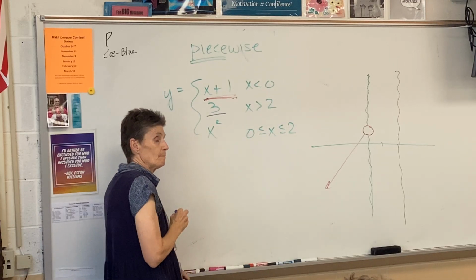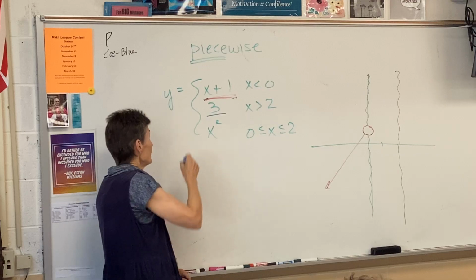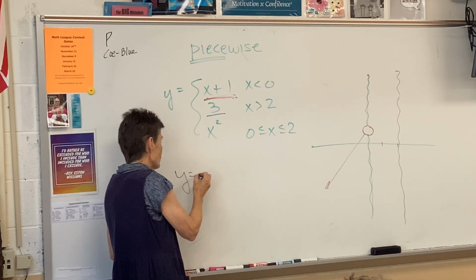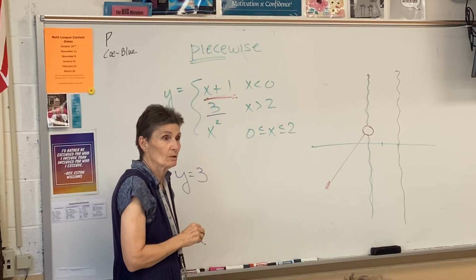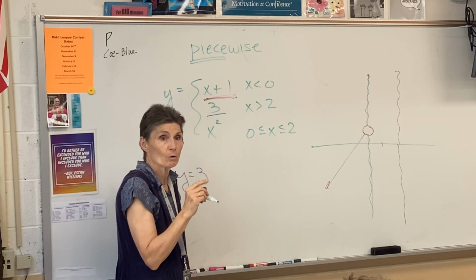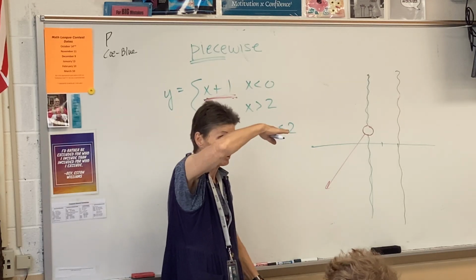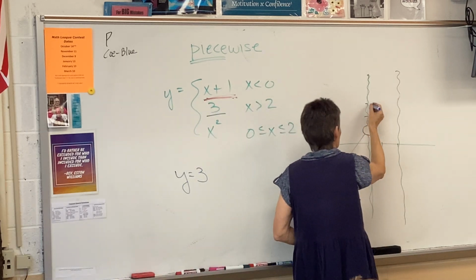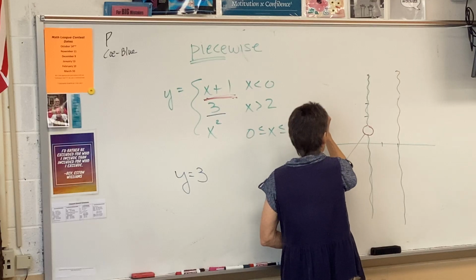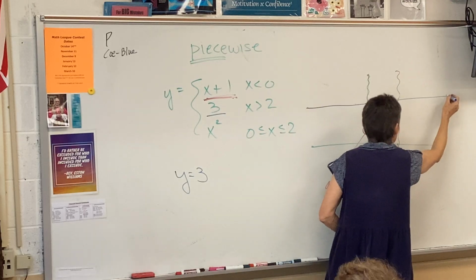This one's tricky. Literally, it is y equals 3. Can anybody tell me what y equals 3 looks like? That isn't on your note card. That's exactly right. I saw 2 or 3 of you that are going like this. Y equals 3 is this line right here.